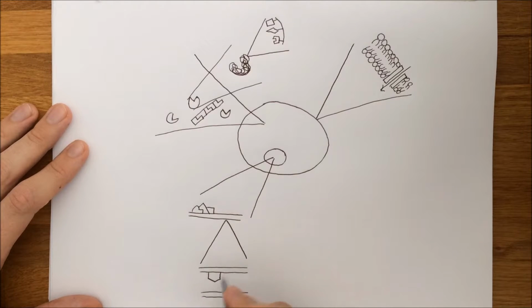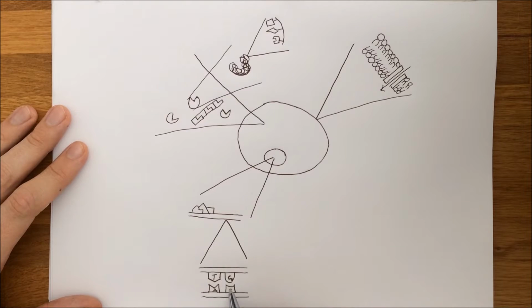And when it comes to DNA, there are 4 different types of nucleotides. We have thymine, we have adenine, we have guanine, and we have cytosine. And so these are the 4 different nucleotides you can find.